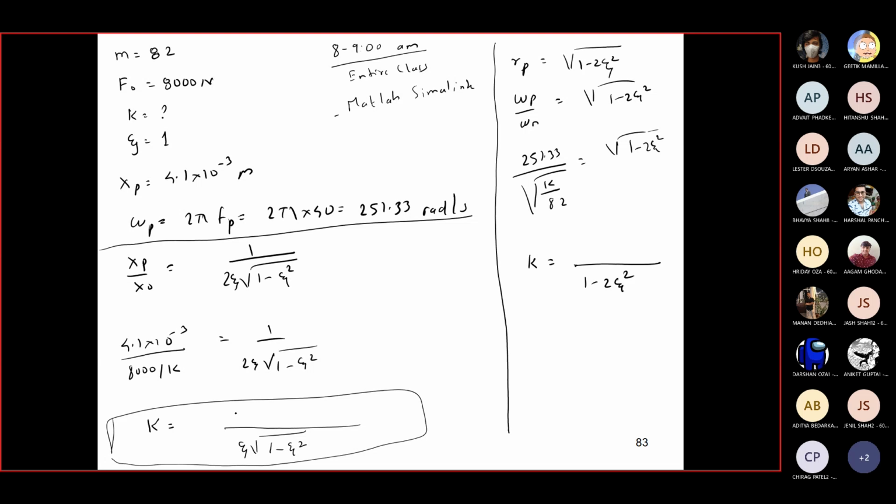Is anybody calculating for the first one? K is equal to, this comes out to be 975.61 into 10 raised to 3, and this is 518 into 10 raised to 6, divided by square root of 1 minus 2 zeta square. So equate these two values and find out the value of zeta.